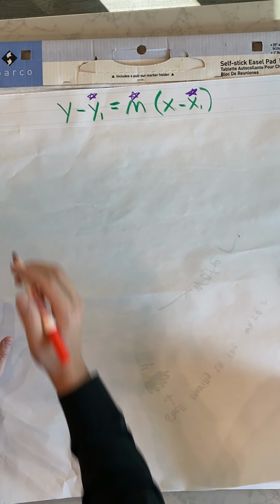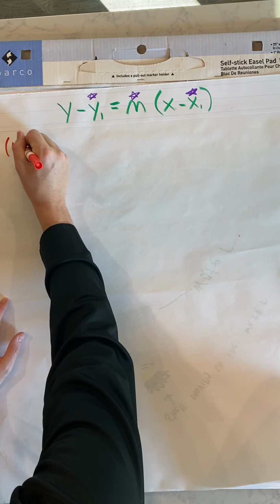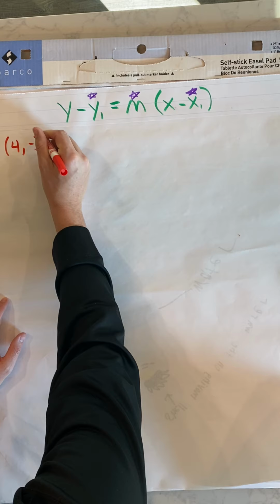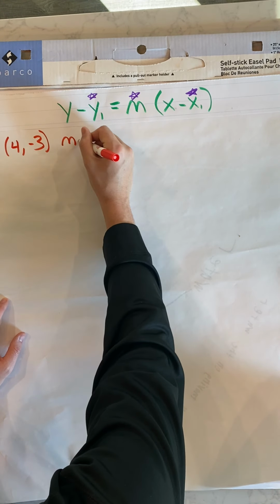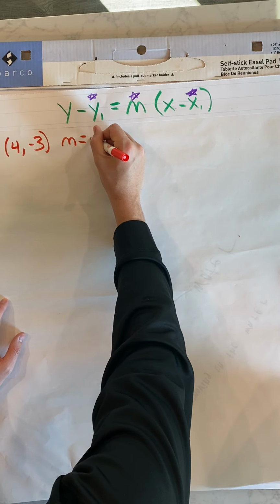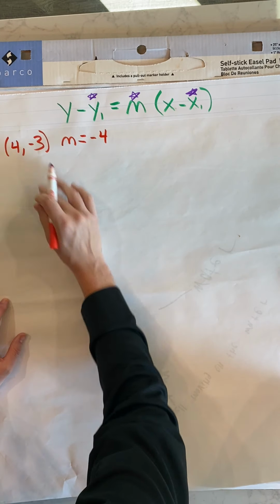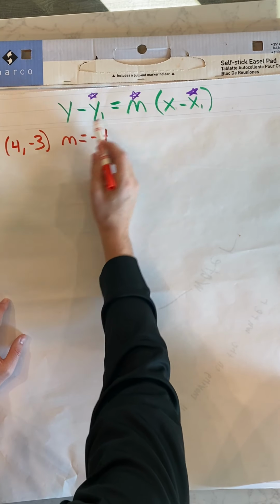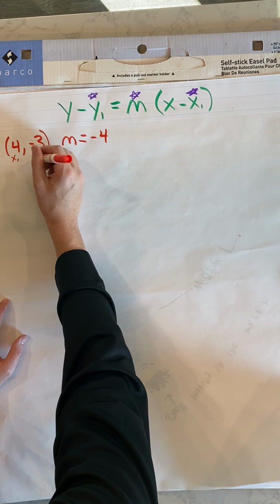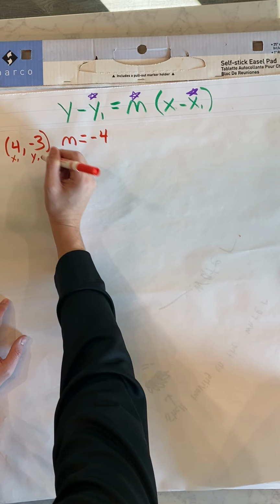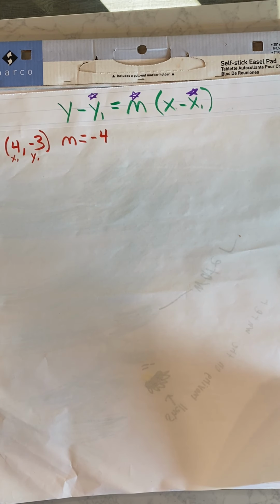It says write an equation of a line that passes through the point (4, -3). It has a slope, so that's m, of -4. So we're going to use this right here to plug these in. We know this would be the x1 because it's the first x. This is y1 because it's the first y.